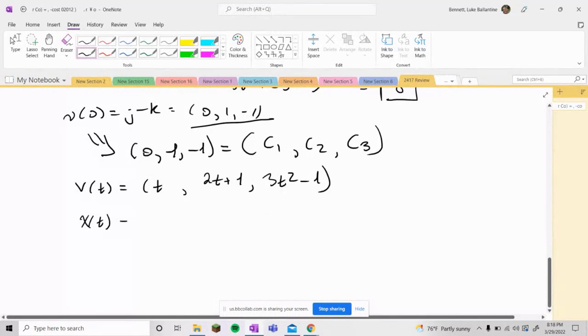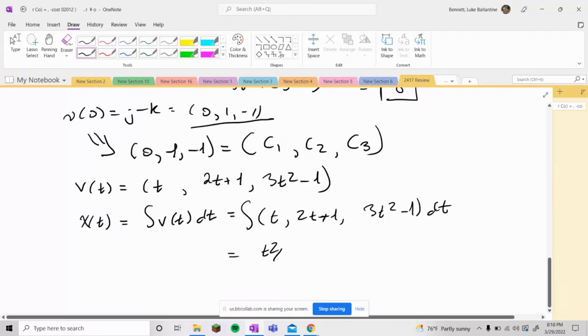So position would be the integral of velocity, the integral of t, 2t plus 1, 3t squared minus 1 dt. t squared over 2 plus c4, t squared plus t plus c5, and then t cubed minus t plus c6.